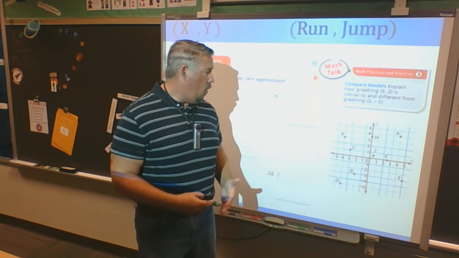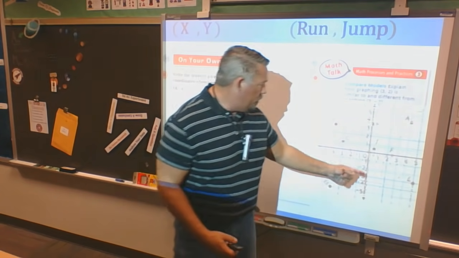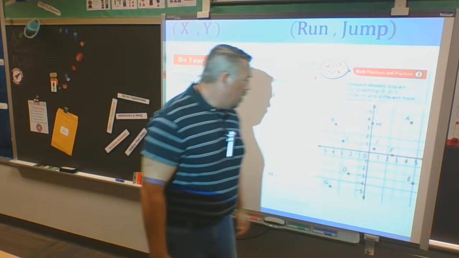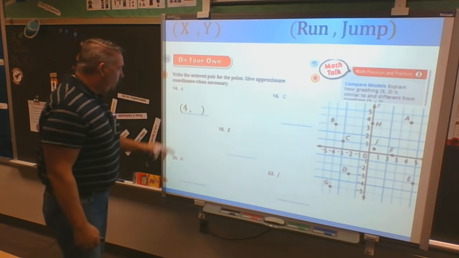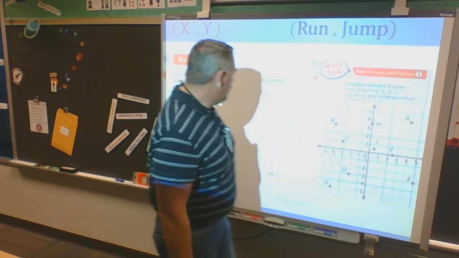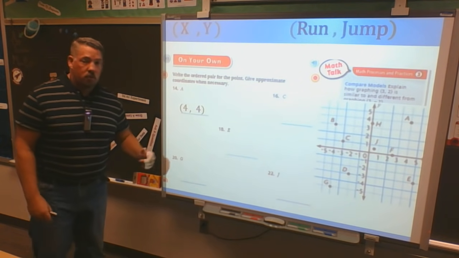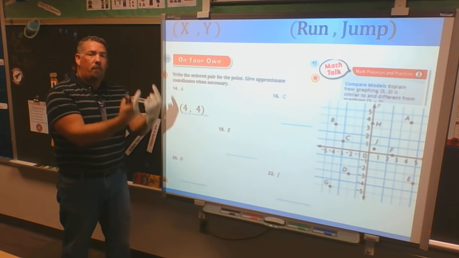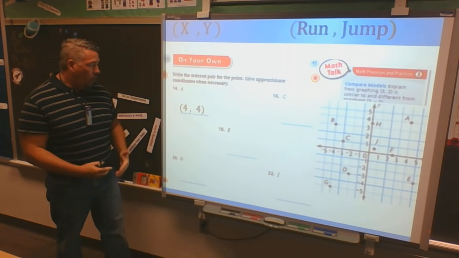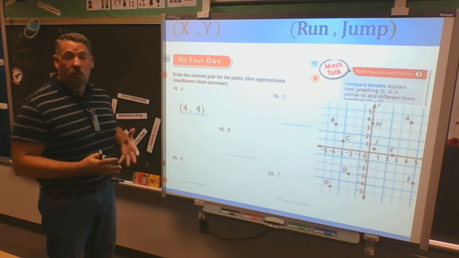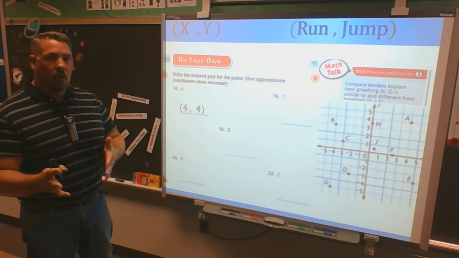I'm running forward to what? Well, I run forward to, oh, I made it bigger, I apologize. I run forward to the 4, and then I'm going to jump up to the 4 as well. So my ordered pair for A is running 4, jumping up 4. You can put positive, positive if you want to, but it's not required because we know any number without a sign is automatically positive.